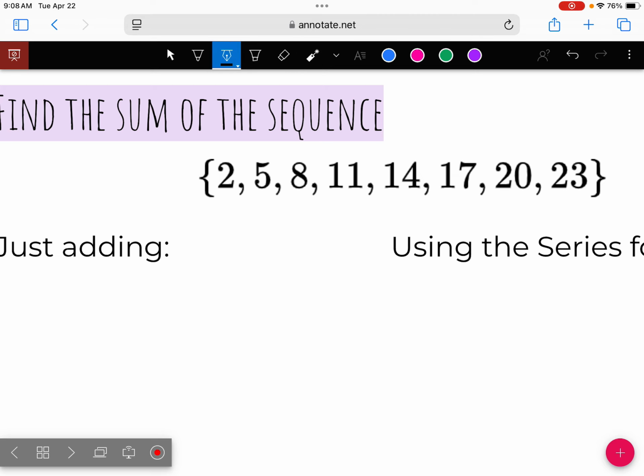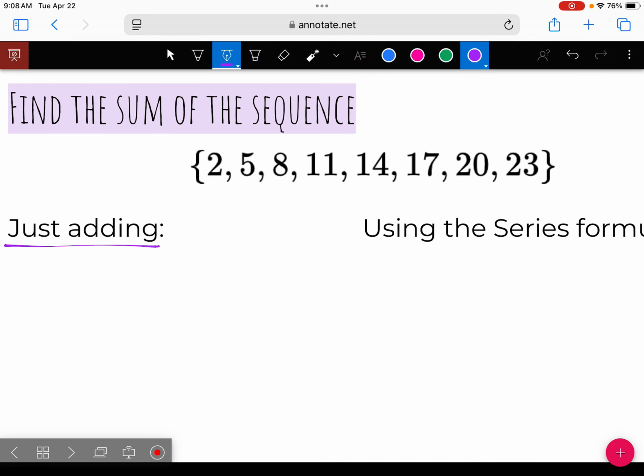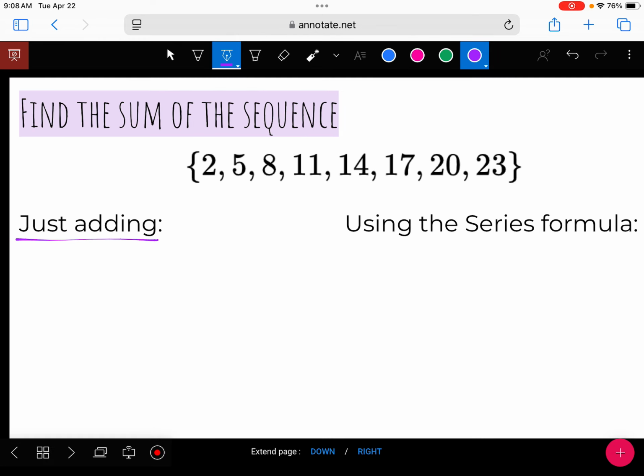We could add them together. Type it in the calculator: 2 plus 5 plus 8 plus 11 plus 14 plus 17 plus 20 plus 23. We get 100. So with finite series, sometimes we can just add them together. We're going to get the same answer if we use that series formula we just had.